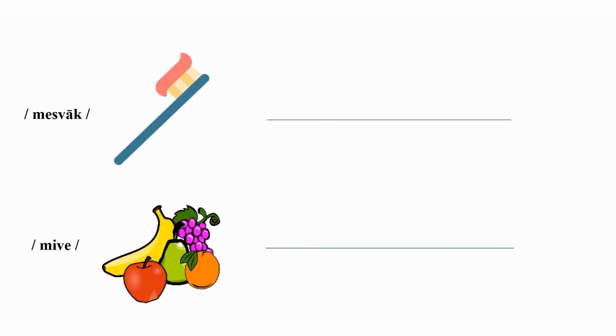So we have the examples for ve, like the word misvak, مسواک. We start with a me, then mes, se with 3 dots, and here comes ve, mes, vak, then the long vowel a, and finally ke.